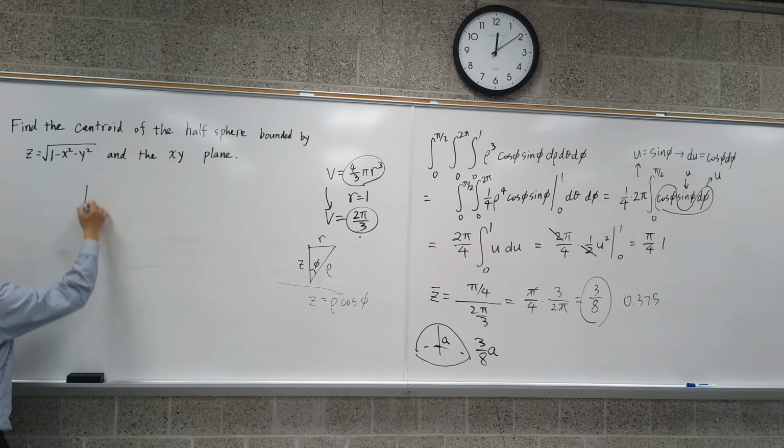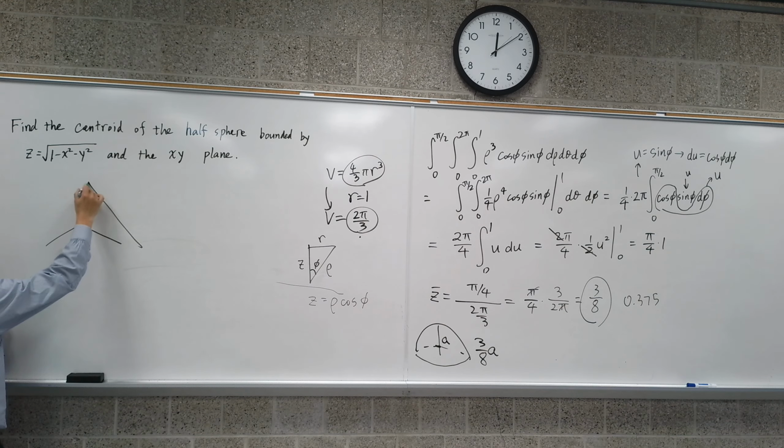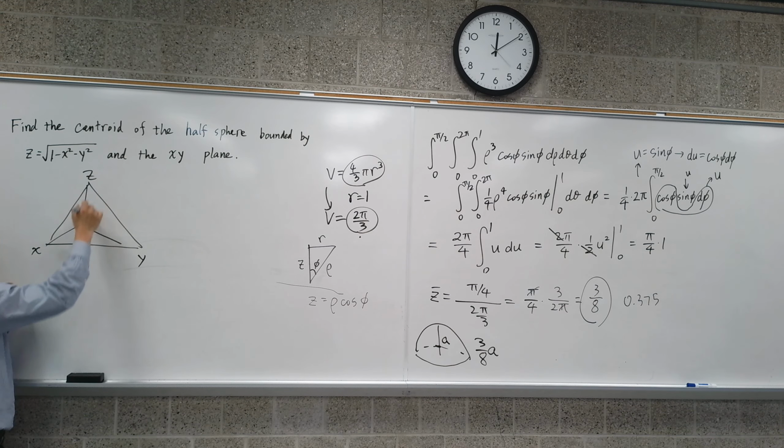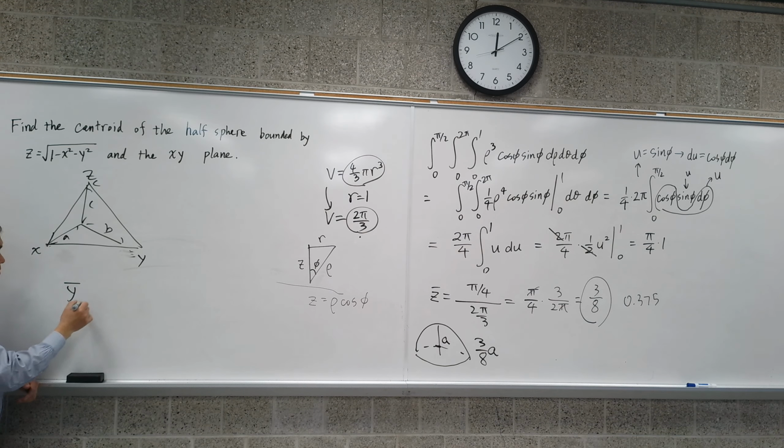You're also going to see something like the right tetrahedron. So you have a rectangular tetrahedron. It's like if you're in the first octant and you cut it by some plane that's passing through the x, y, z axes, right? And let's say this is A and then B and then C. What's happening is that y bar is the average of the y value, right?